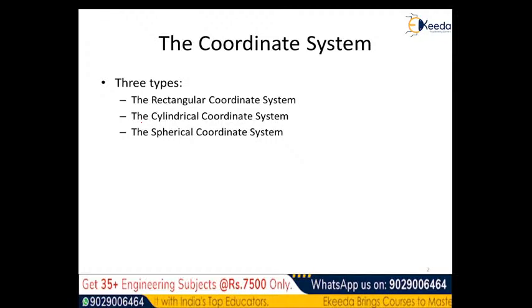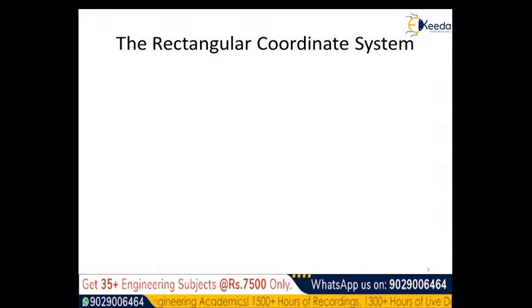Now we shall have a comparative study of the spherical coordinate system with the earlier ones. So let us first have a look at visualizing the rectangular coordinate system with the help of certain reference axes. For providing the positioning and location of a point or a vector in space, we require a reference.